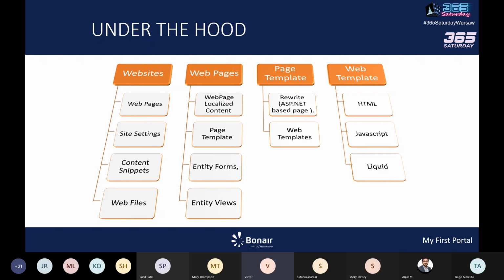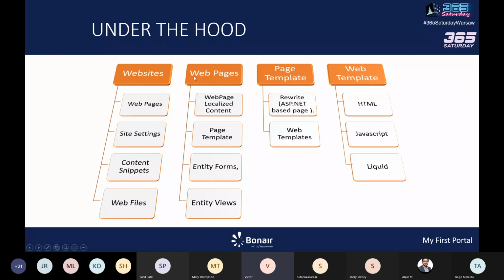Snippets are language based. So if your portal is multi-language, you can enable users to provide snippets for all languages that you have enabled for portals. Then finally here you have web files. By default, these files are stored in the annotation entity, and we're going to look at that structure shortly.